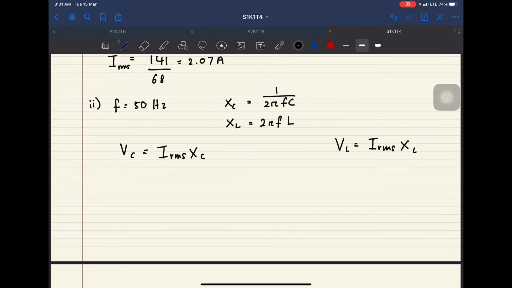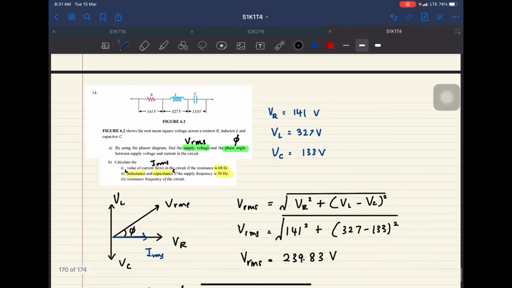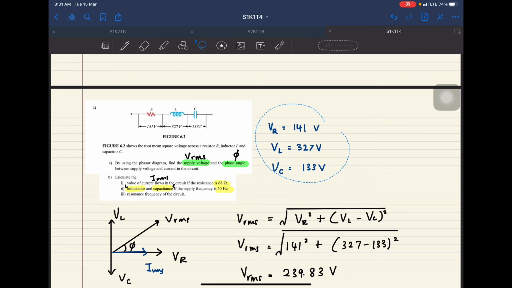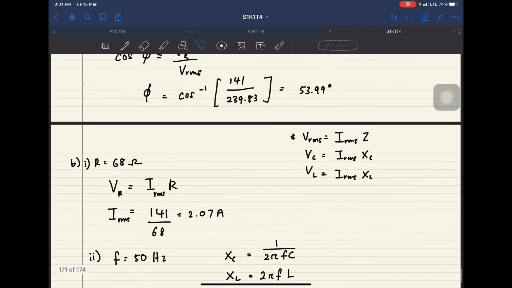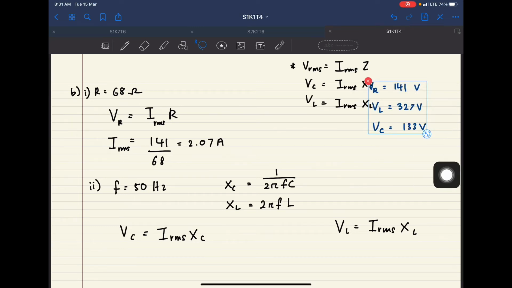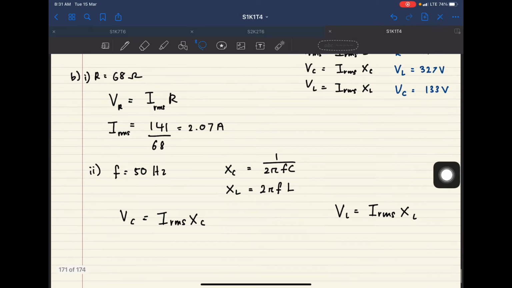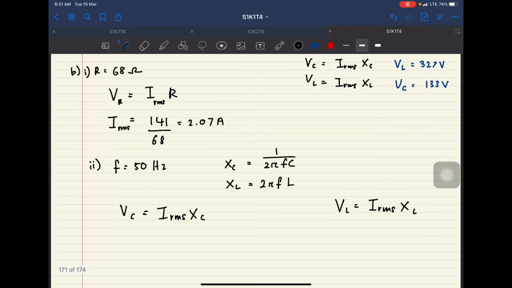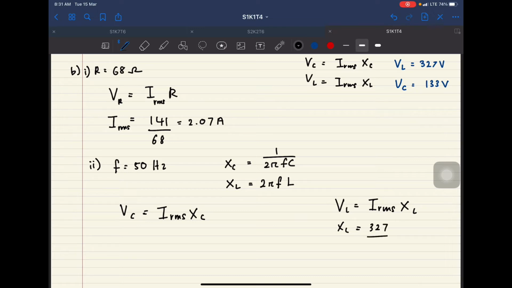So let me copy these values down there. Okay, so your XL over here would be 327 over IRMS, which is 2.07.